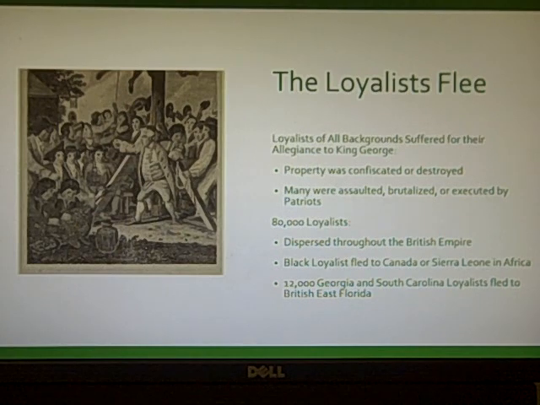In fact, many of them had their property taken, many of them literally just confiscated, which is one of the reasons why they run away. If they had not run away, then they are living in the new country destitute, homeless, without any wealth, without any opportunity. If they run back to England, they might have some level of opportunity, especially if they'd actually served. They can get some sort of veterans benefits.